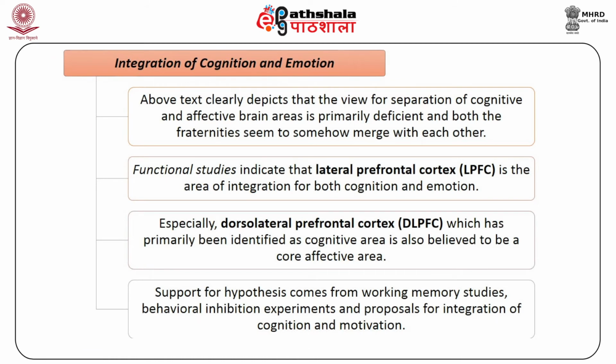Integration of cognition and emotion. The above text clearly depicts that the view for separation of cognitive and affective brain areas is primarily deficient, and both the fraternities seem to somehow merge with each other. Advancements in the literature have been able to generate evidence for fusion of cognition and emotion, such as depicted in functional studies, structural connectivity, circuits for cognitive emotional integration, and functional connectivity.